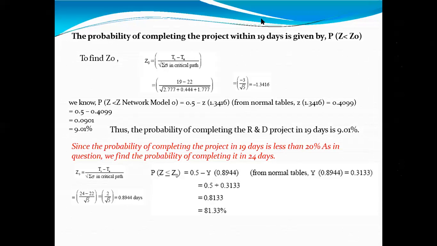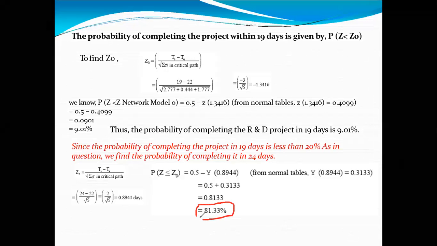So your project will be completed in 24 days with 81.33%, but in 19 days only 9.01%. Whether you understood this part or not, please reply. Have you understood this part?